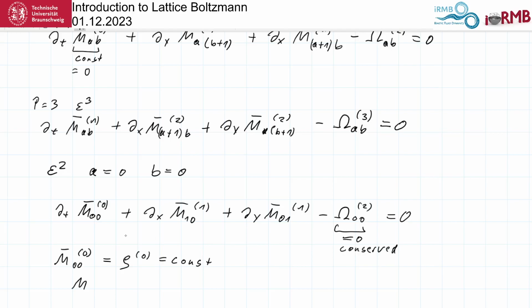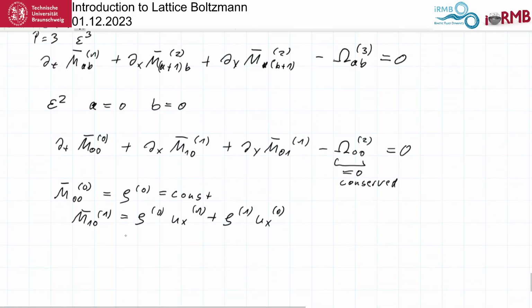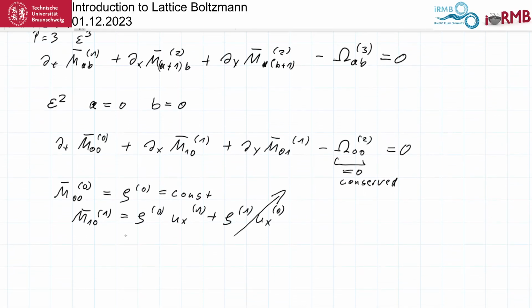What we end up with is m10 first order is equal to rho 0 ux first order plus rho 1 ux0. And this ux0 obviously is also 0, because this is also constant.